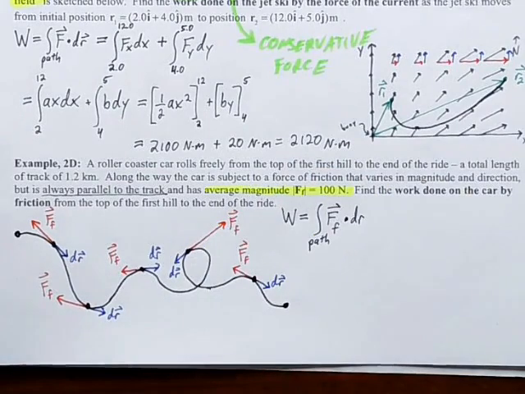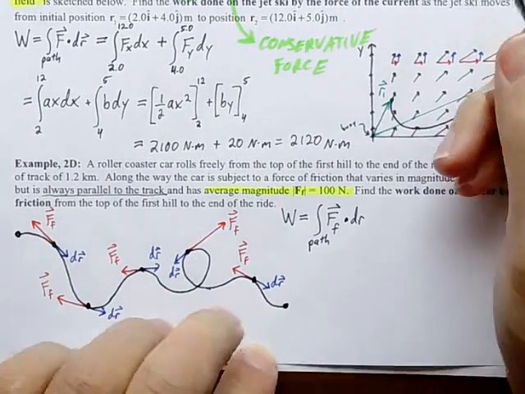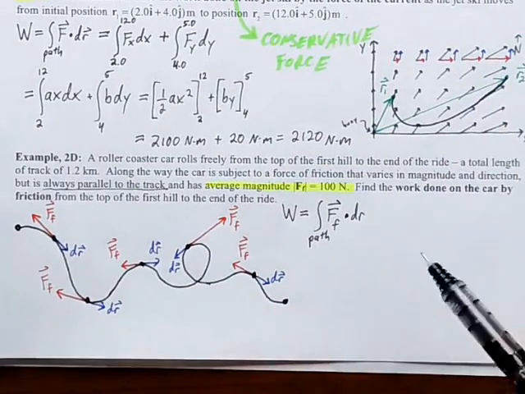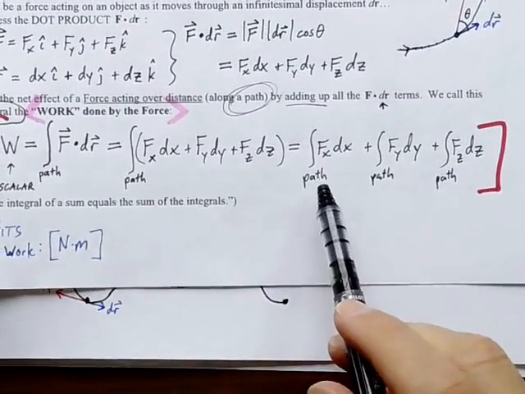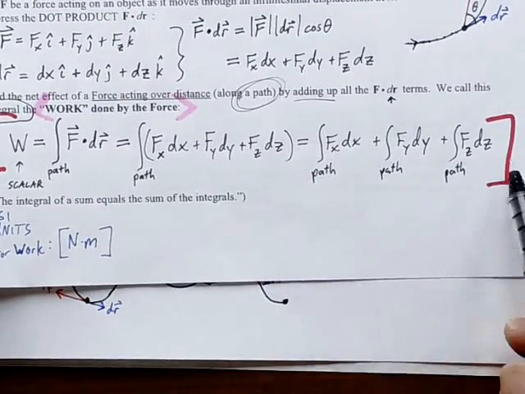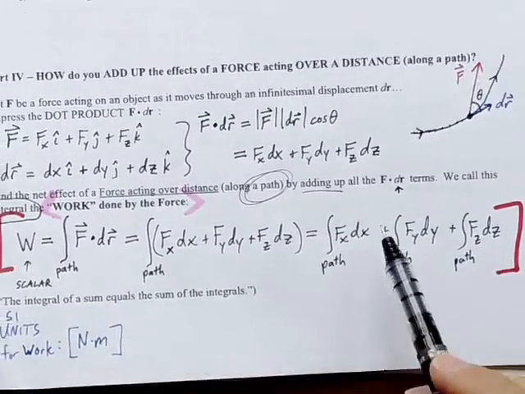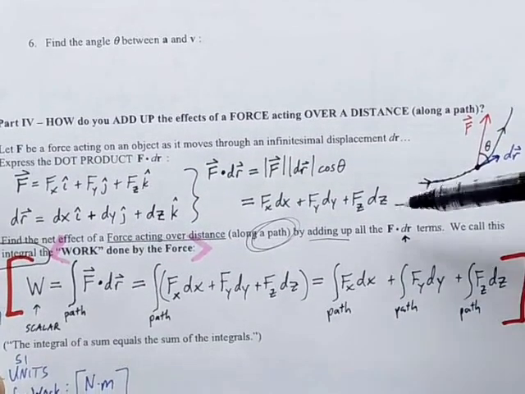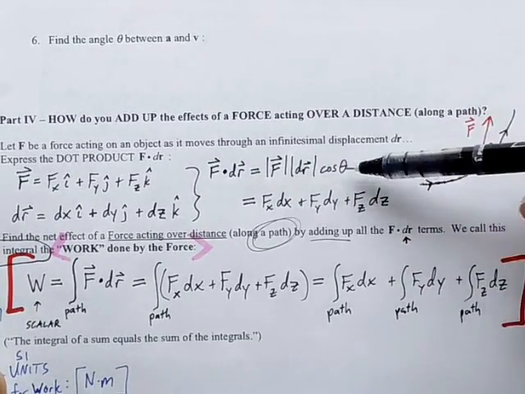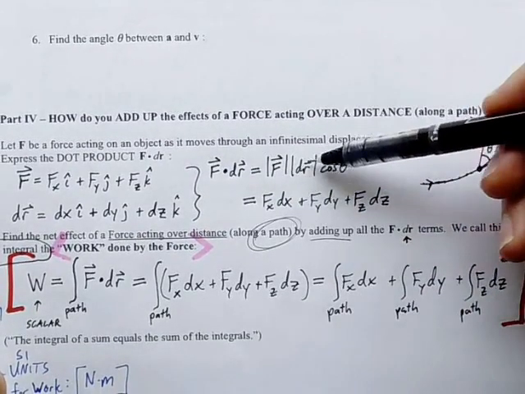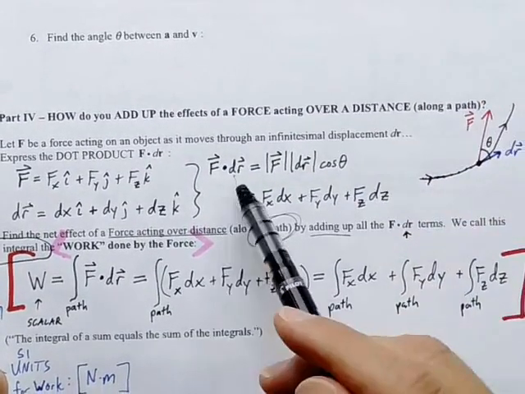All right, so how can we evaluate the integral in this case? This time, instead of using this expression for our work integral, instead of using this definition, this way of expressing our dot product, I want to use this way of expressing our dot product as the magnitude times the cosine of the angle between those two vectors.